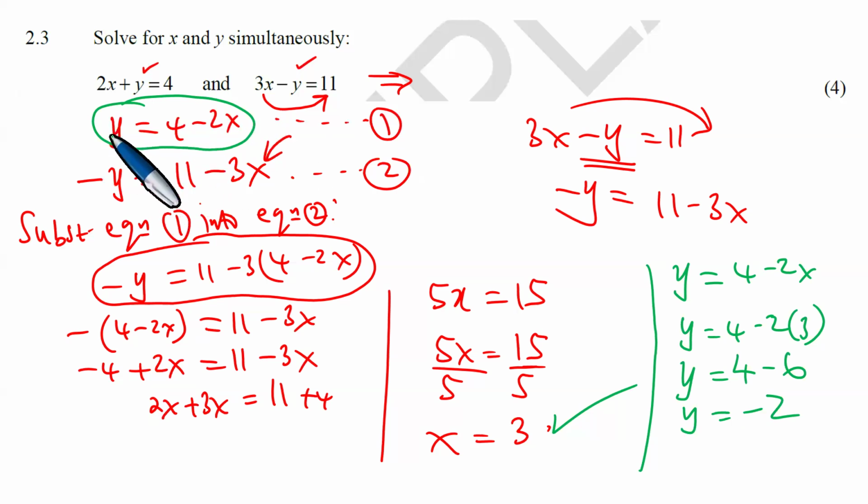So wherever there is y, we can put 4 minus 2x, because y is equal to 4 minus 2x. So we can see y in the next equation. Now in the place of y, we put what? In the place of y, we put 4 minus 2x.